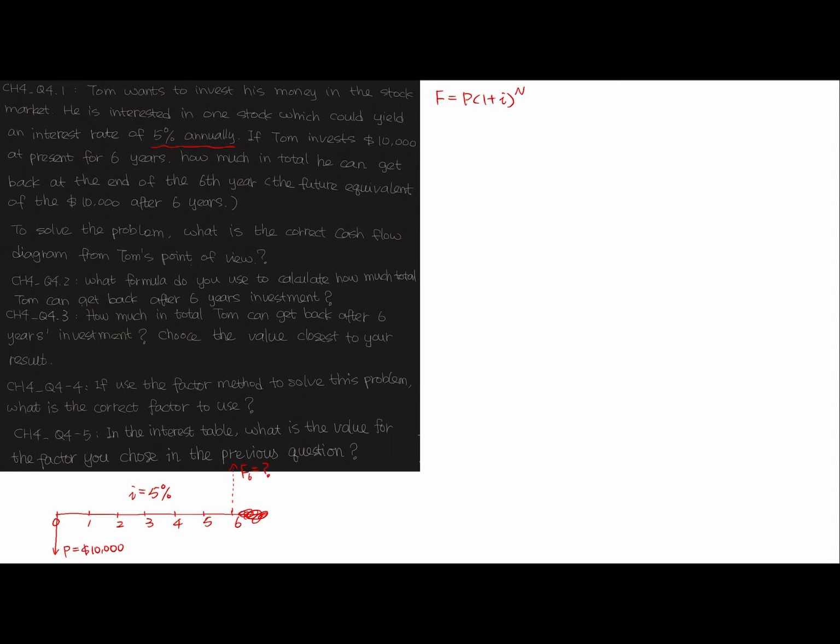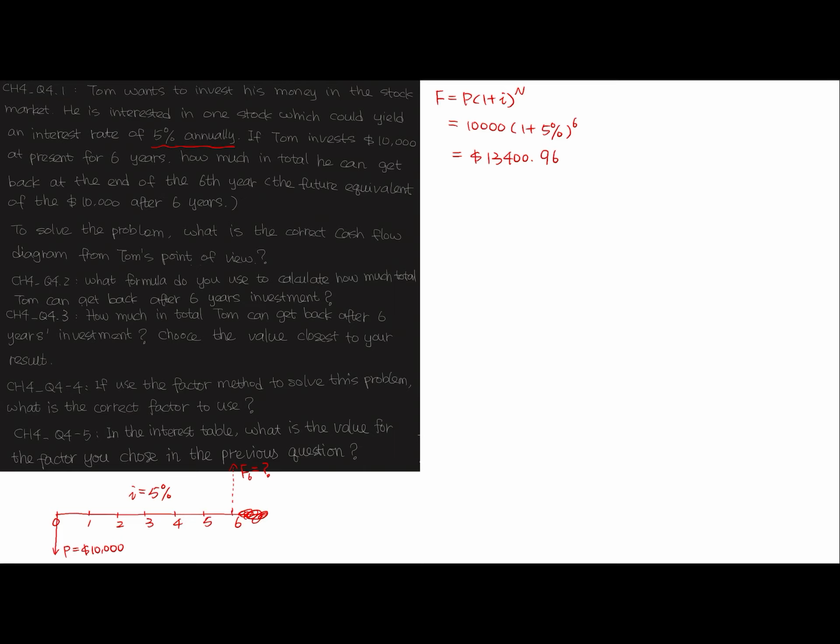And if you substitute all the letters with the numbers, it's going to be 10,000 times (1 plus 5%) to the power of 6. And your answer is going to be 13,400.96.